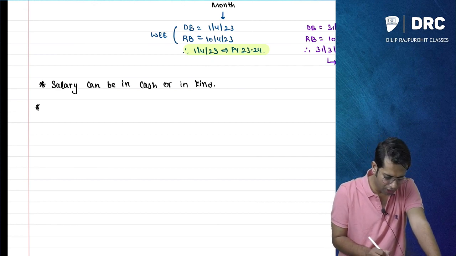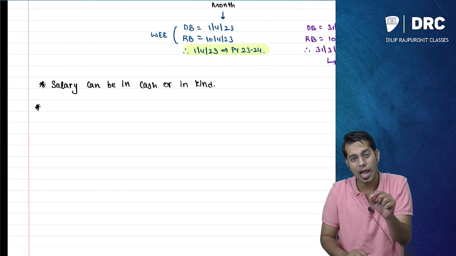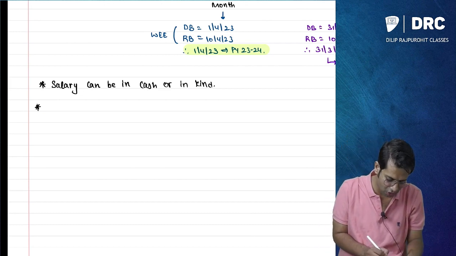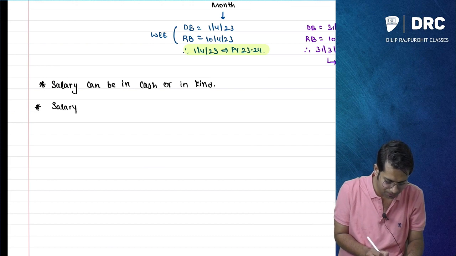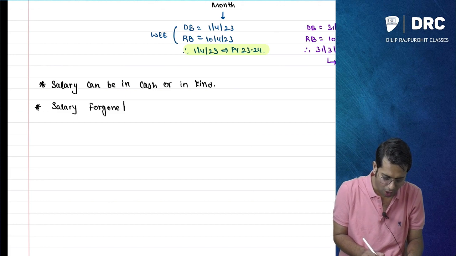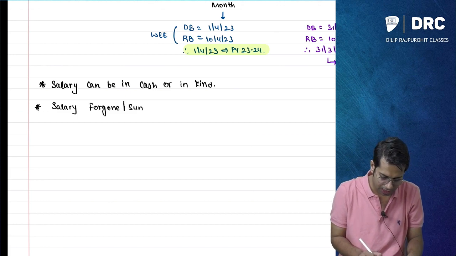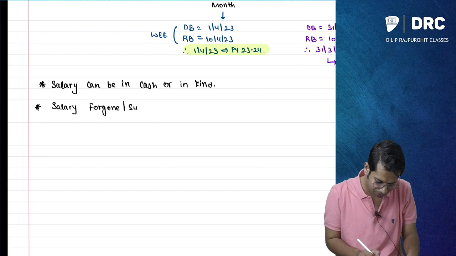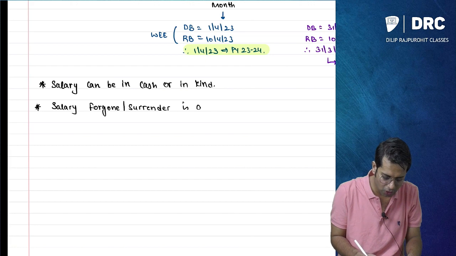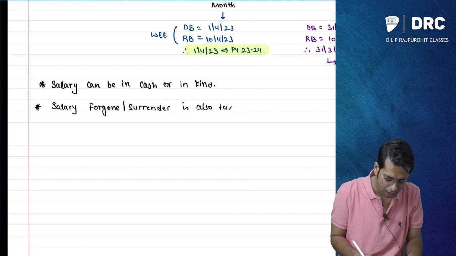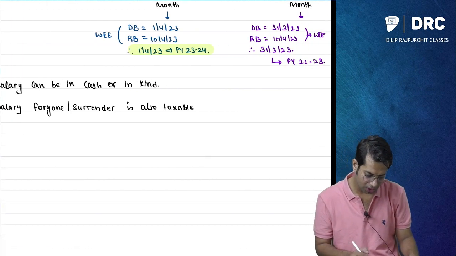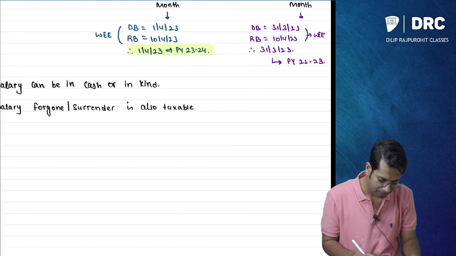Then one more important point which you should keep in mind is salary which is foregone or surrendered by you, that is also taxable. Sir, what do you mean by this? Salary which is foregone or surrendered is also taxable.